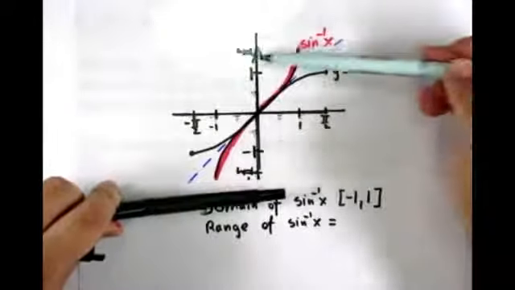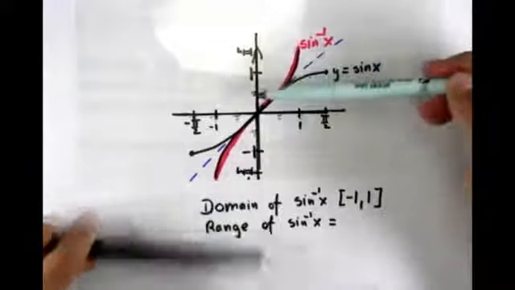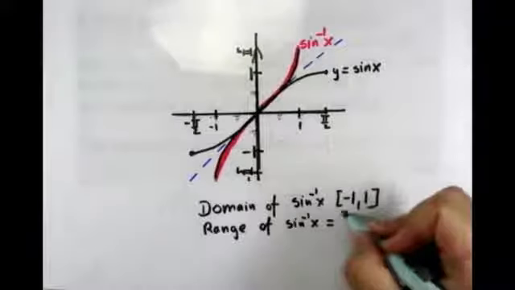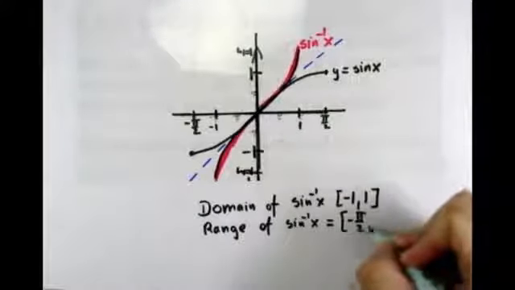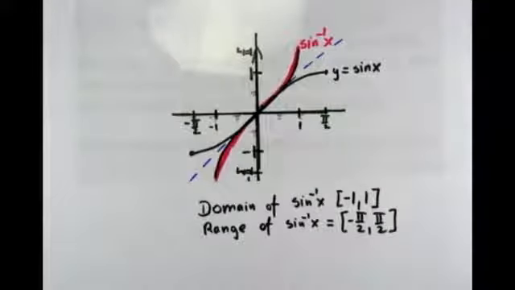On the y-axis it's more than 1, it's basically minus pi over 2 to pi over 2. Okay.